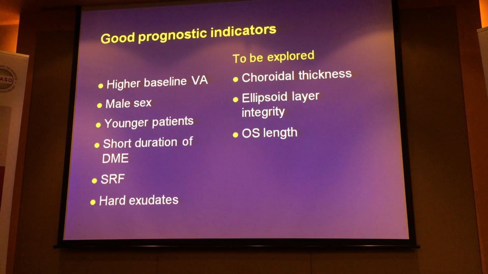But in this study from Morpheus, they found that SRF, subretinal fluid, seemed to have a better prognosis. And hard exudate is also counterintuitive. In the days of laser, if we see a lot of hard exudates, we were very afraid to apply laser, right? After you start applying laser, they become a plug. They gravitate towards the fovea and end up with a very solid plug, and they lose vision as a result.